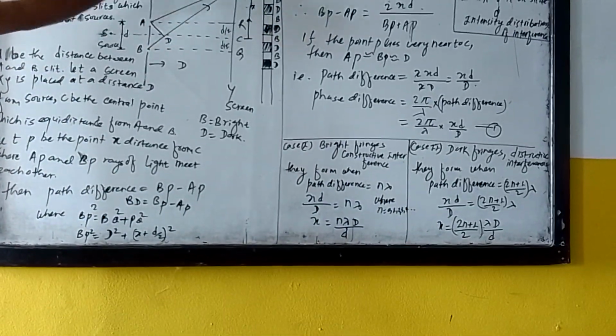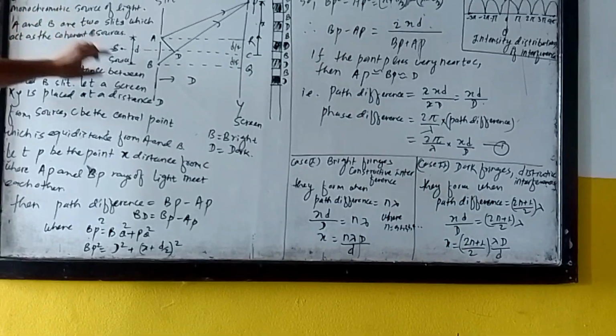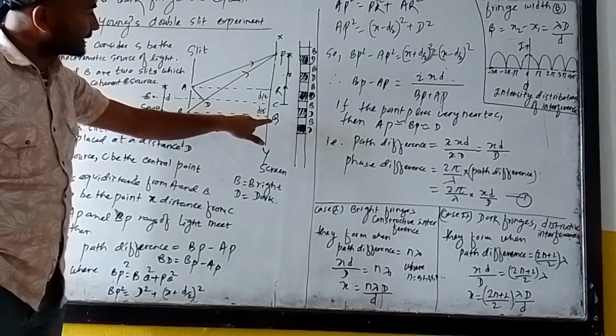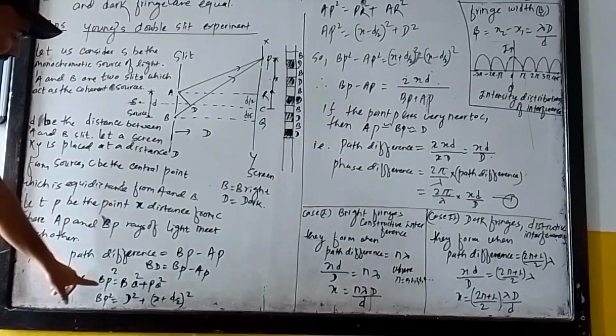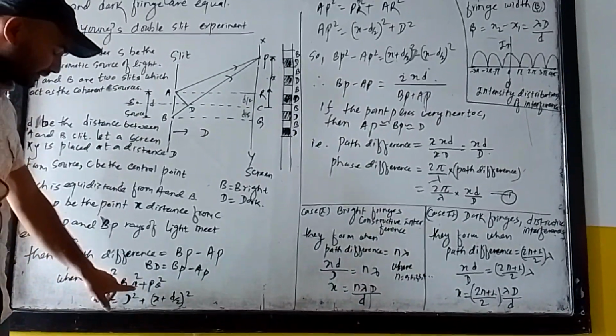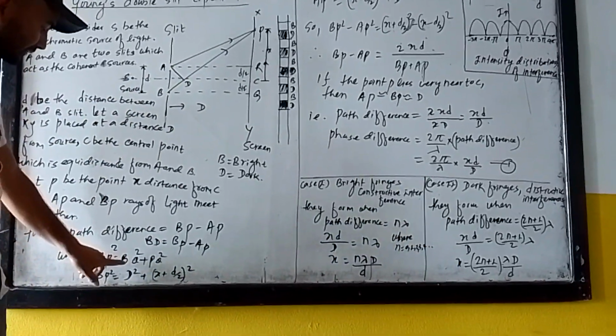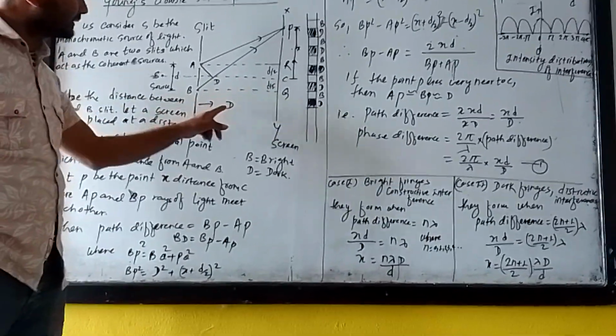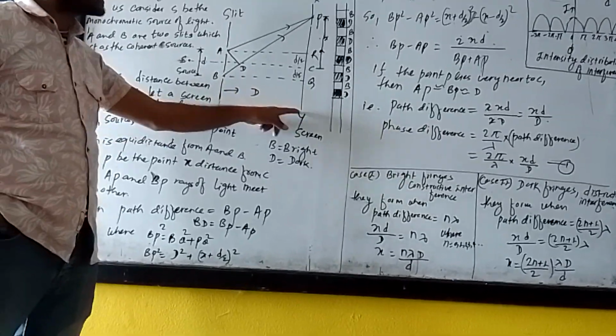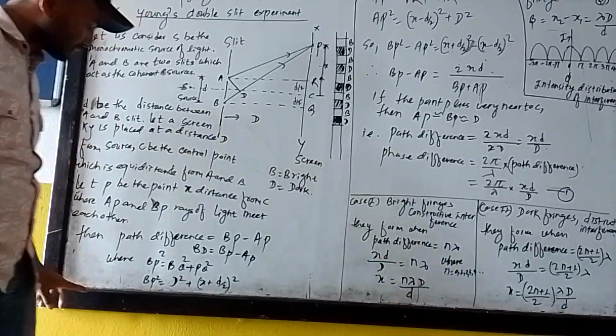In the triangle BPQ, when we apply the Pythagoras theorem, BP square equals BQ square plus PQ square. Substitute the value: BQ equals D, because capital D is the distance between the slit and the source.